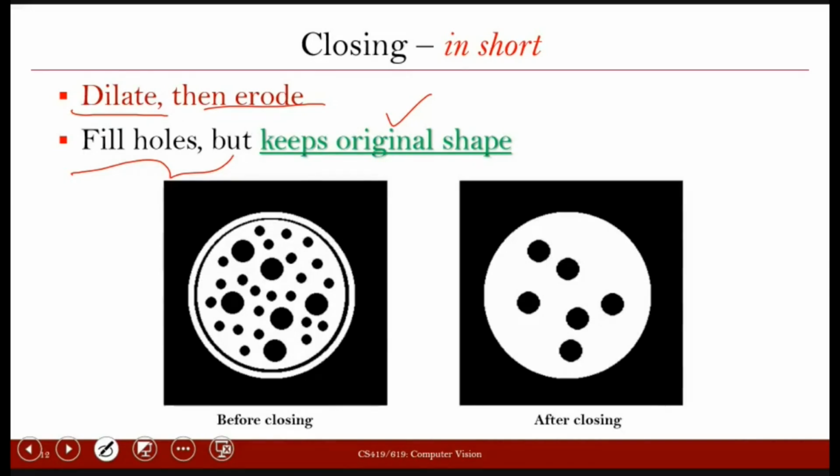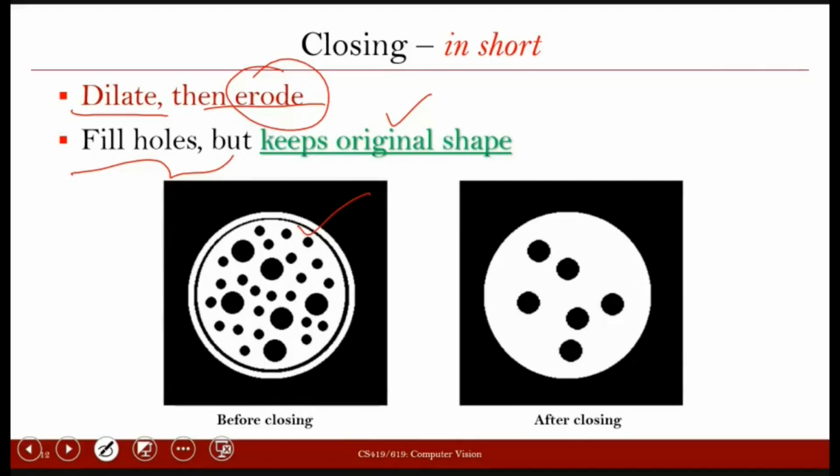So when we are performing erosion after the dilation, we will be eroding only the bigger objects, because small holes have already been filled, so they are not there. That's what you see here. When the dilation is performed on this image, small circles have got filled.